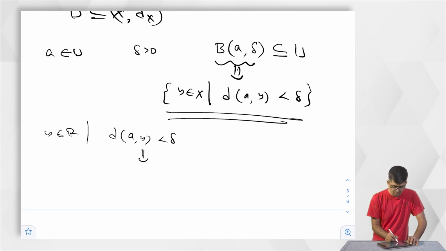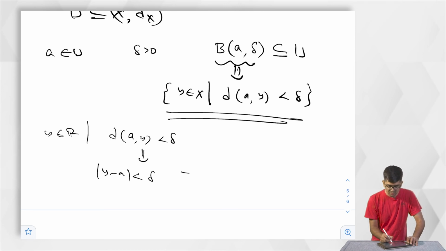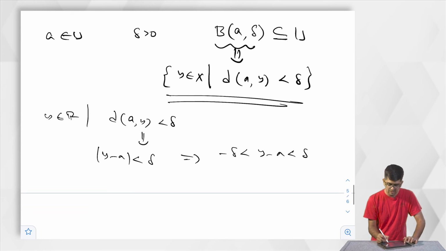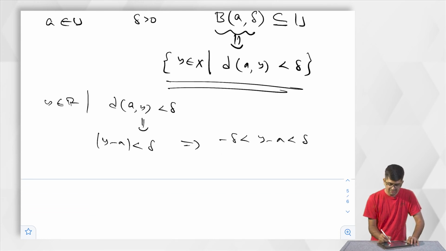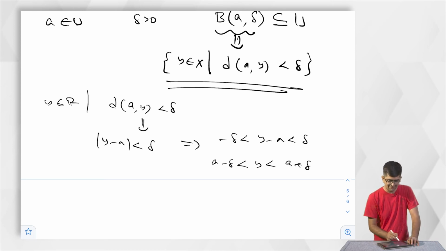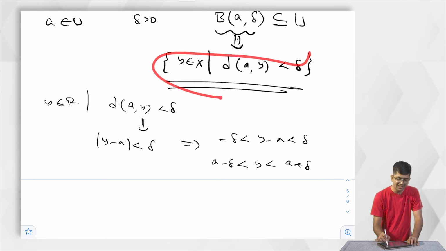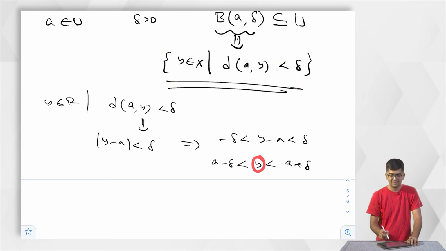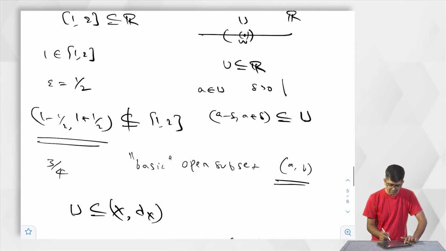This means modulus of y minus a is less than delta, so minus delta less than y minus a less than delta. This says a minus delta less than y less than a plus delta. So whenever y is here, y is in between a minus delta and a plus delta. That is what I mentioned here.